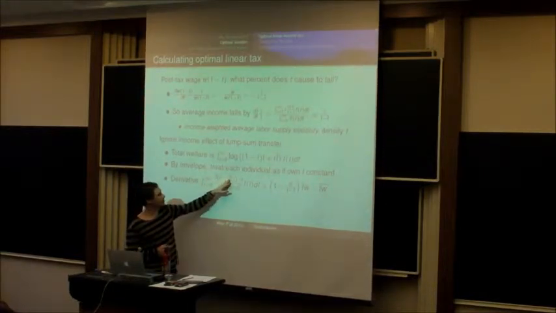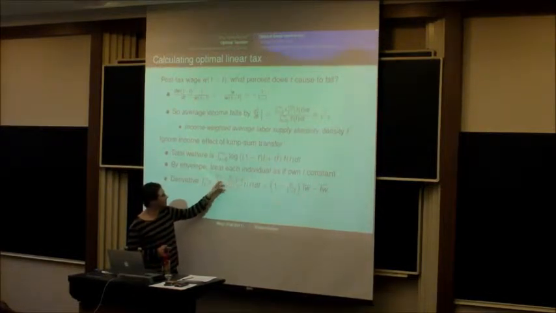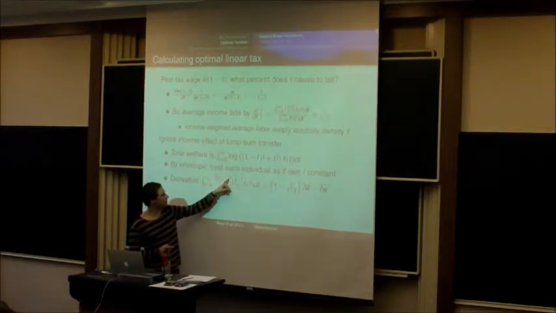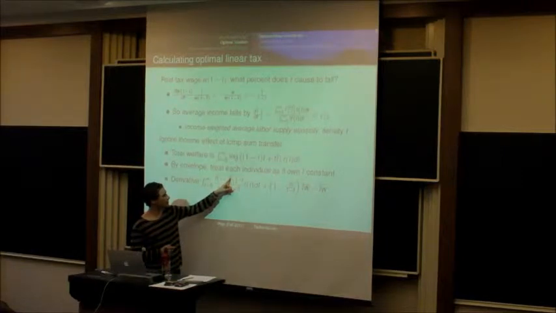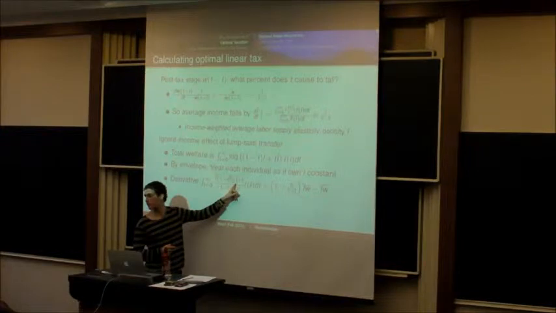But that average income also falls because of the labor supply elasticity. So it's going to be the average income times 1 minus the tax rate, because that's what you're currently earning on the average income, times the amount by which the average income falls, which is the average elasticity over 1 minus the tax.